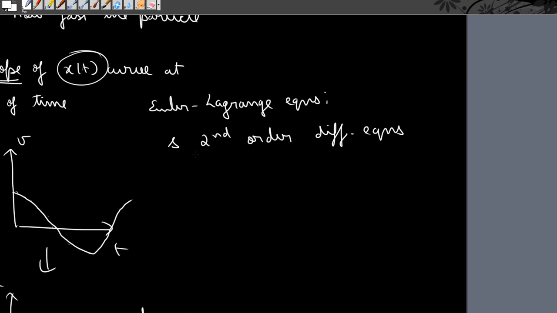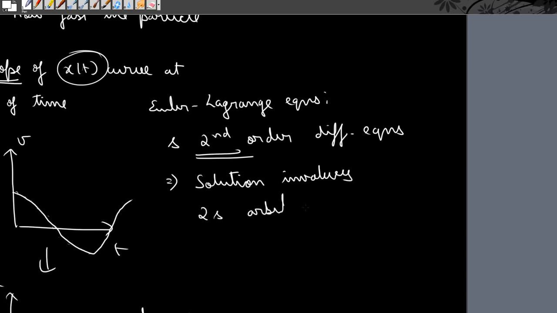And since they are of second order, each of the equations, when you find the solution, will contain two arbitrary constants, which implies in total the solution involves 2s arbitrary constants.